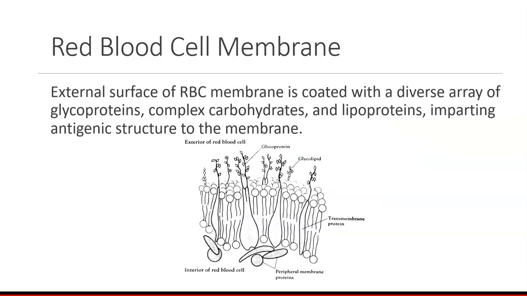The external surface of the red cell membrane is coated with a diverse array of glycoproteins, complex carbohydrates, and lipoproteins, imparting antigenic structure to the membrane.